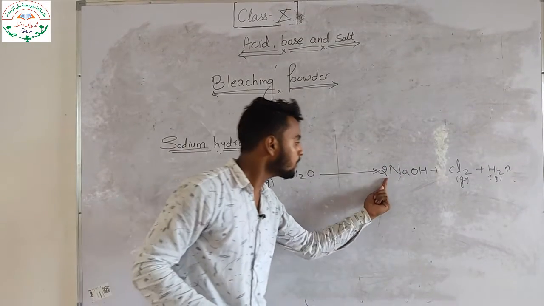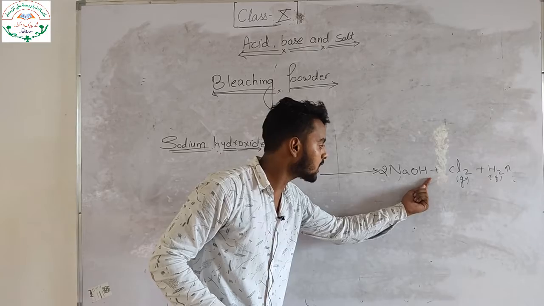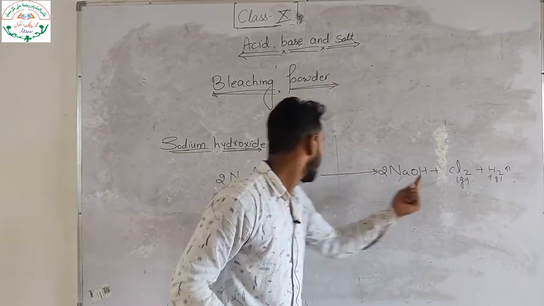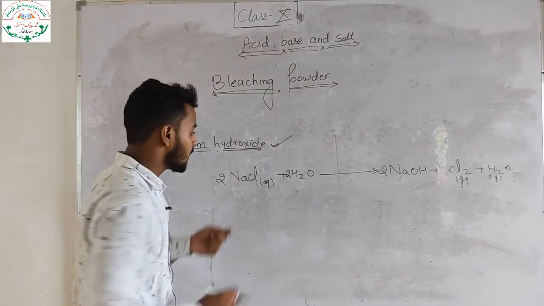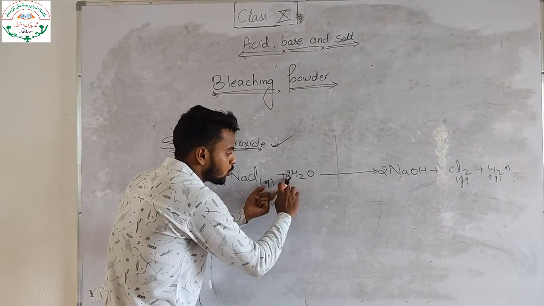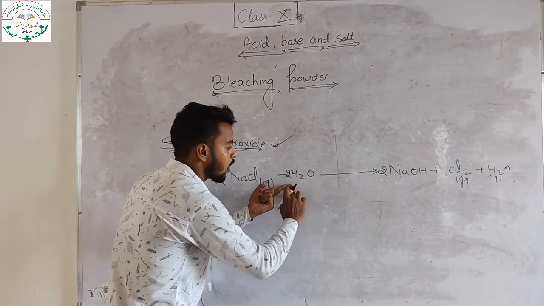There are two sodium and two oxygen, and the hydrogen is 2 and 2, making 4 hydrogen, and we are going to multiply by 2. There, the 4 hydrogen and oxygen is 2.